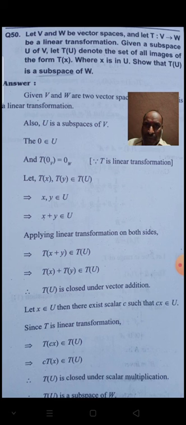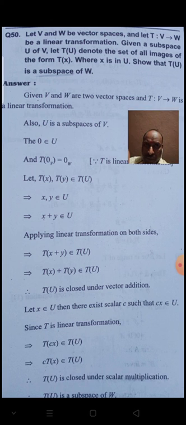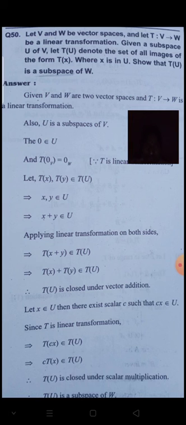Given a subspace U of V, let T of U denote the set of all images of the form T of x, where x is in U. Show that T of U is a subspace of W.